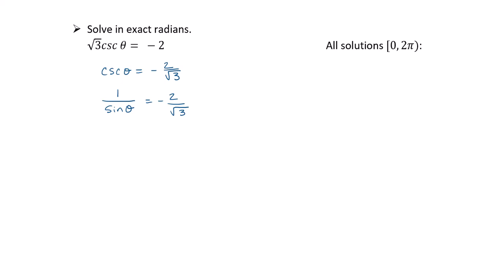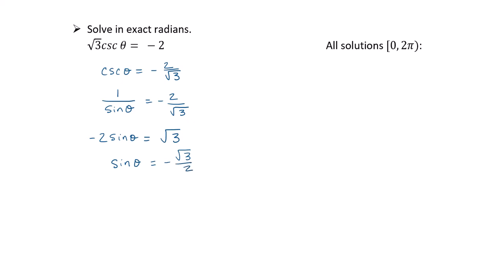Now I can go ahead and solve for sine theta. Let's go ahead and just cross multiply. I have -2 sine of theta is equal to the square root of 3. That's 1 times square root of 3. And then solve for sine theta. Sine theta is equal to negative square root of 3 over 2.